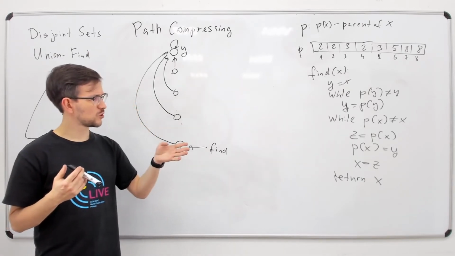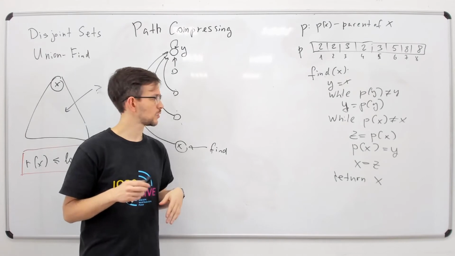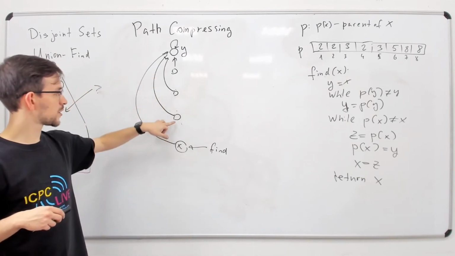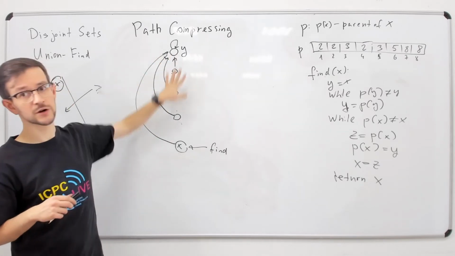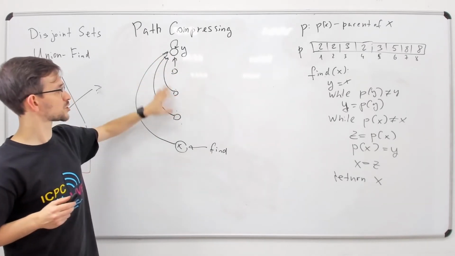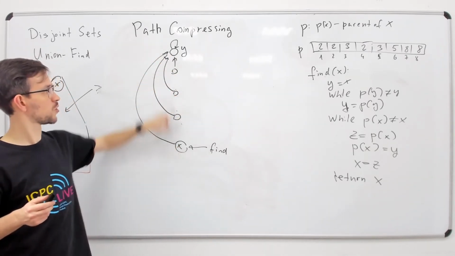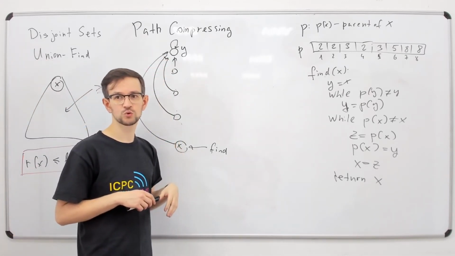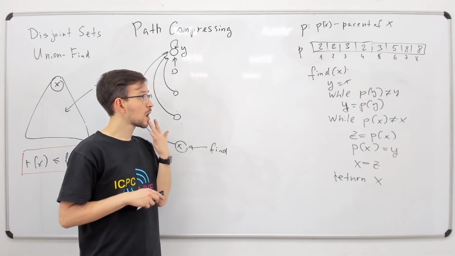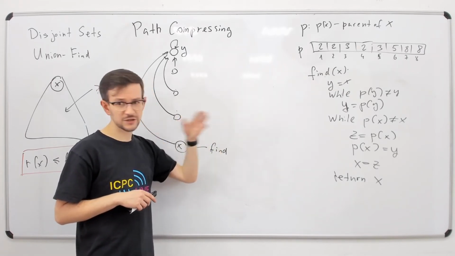It's much easier when you write it recursively. When you write it recursively, you just call a recursive function for the parent. The recursive function will build everything here. So in the end, you just go back from the recursion and change your pointer to the root. So it's like two lines of code. But this still works.